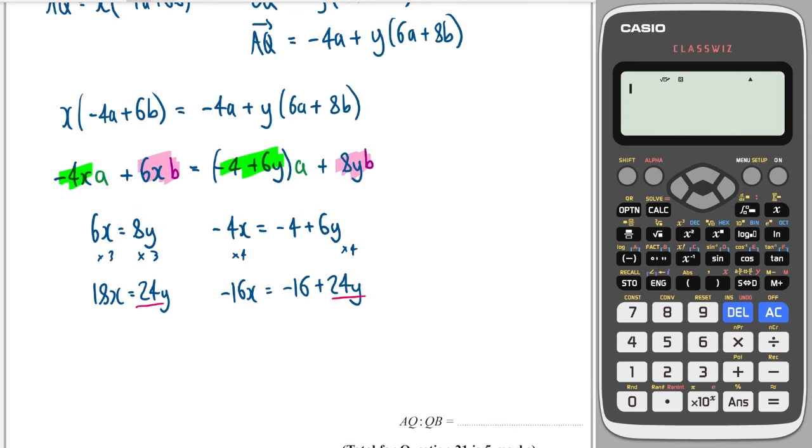So I can replace the 24y on this one with 18x. So I can write minus 16x is equal to minus 16 plus 18x.